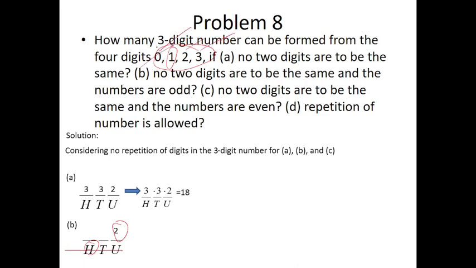But we cannot choose 0 for the hundreds place. Therefore, we have two options left, either 2 or 3.